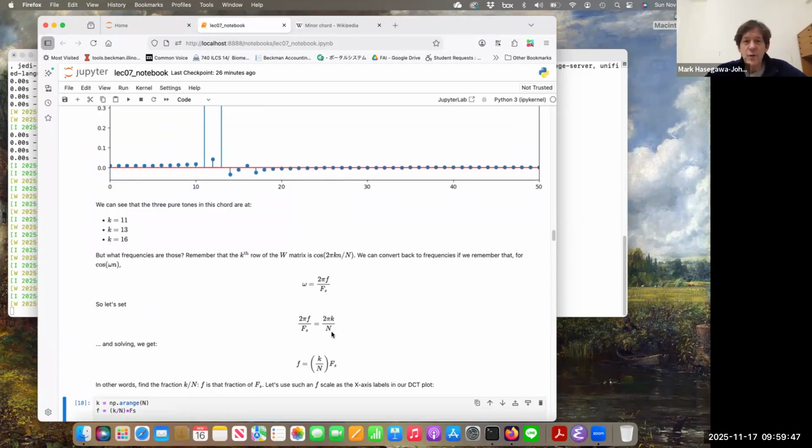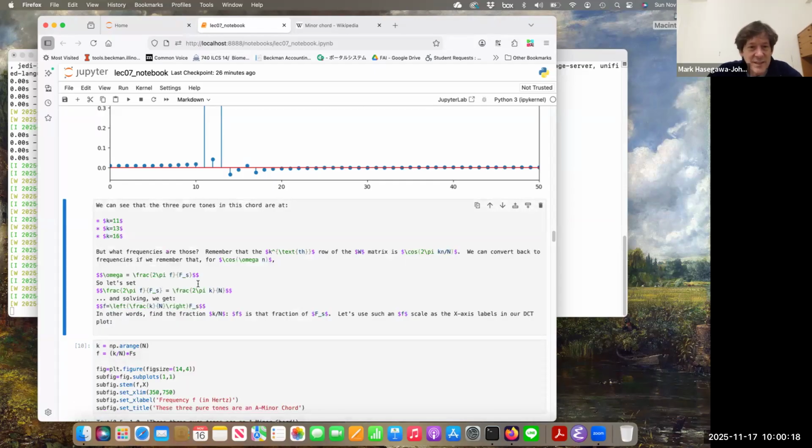We had a total of 400 samples. Capital N was 400. And remember that the frequency omega is 2 pi times little k over capital N, that's 2 pi times the frequency in cycles per second divided by f sub s in samples per second. So the frequency in hertz is k, the frequency in periods, divided by n, the total number of samples, multiplied by f sub s. In fact, we can fill this in.